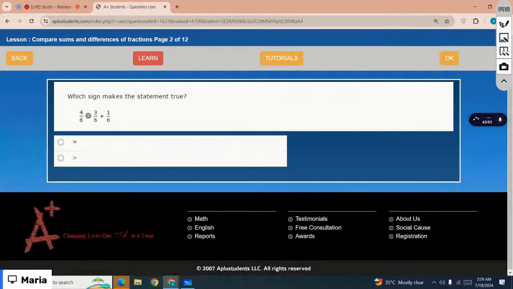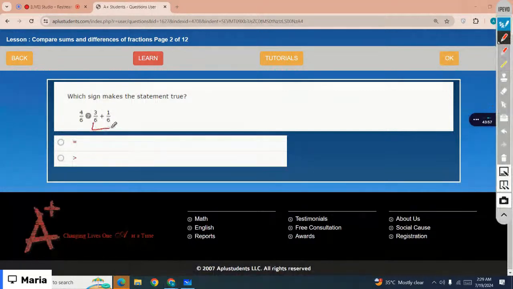Which sign makes the statement true? Okay, let's solve and see. Solve this side. They have like denominators, so you simply need to add their numerators. That would be 3 plus 1 over 6. That is 4 over 6. So which is the correct option now?